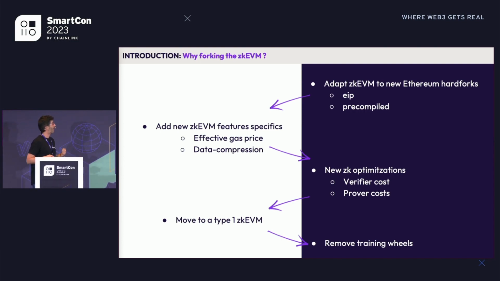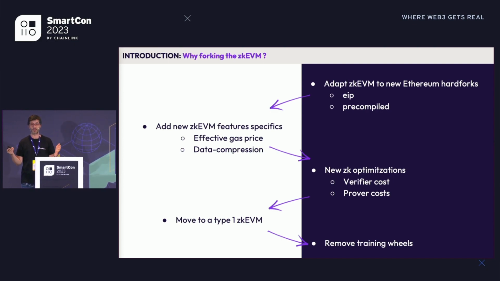Also, there are some specific features that are very related to the zkEVM. I will comment on them later, the effective gas price and the data compression, but they have no relation to the EVM itself. It's more a specific feature of the zkEVM. If we want to update it, we will do just another fork.